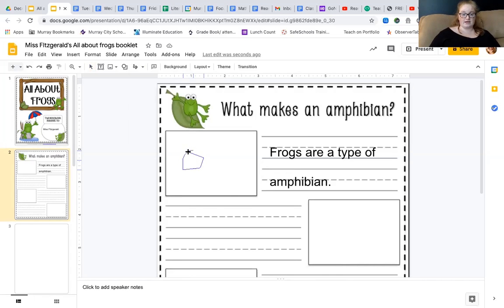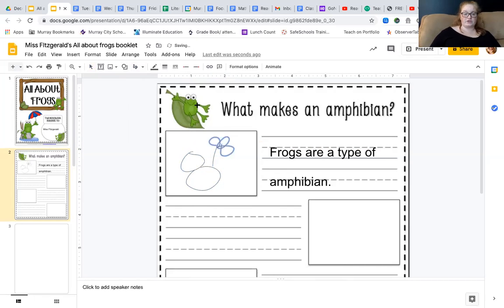So my frog has a head, he has a body. Just gonna draw the best frog that I can draw. And you go ahead and draw your frog and get your frog colored.